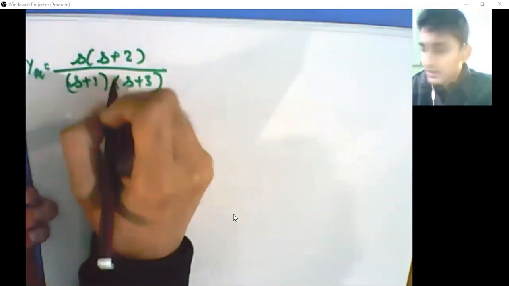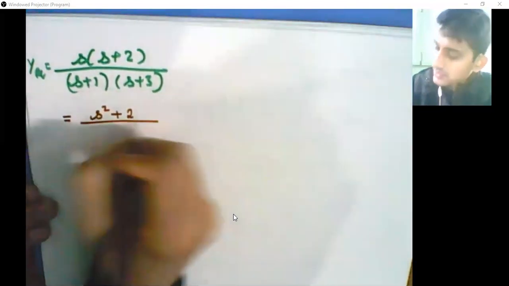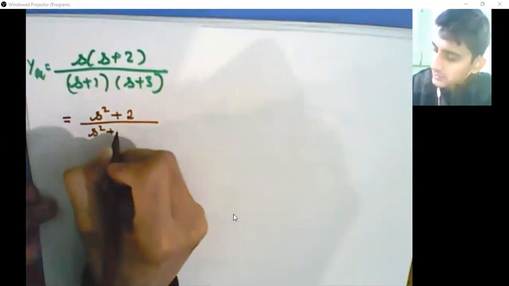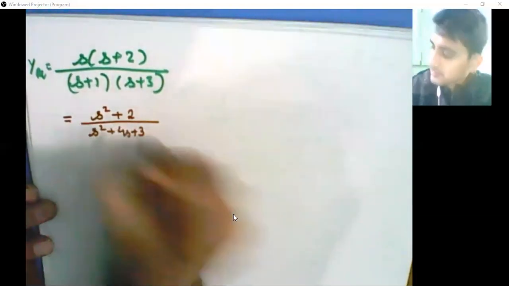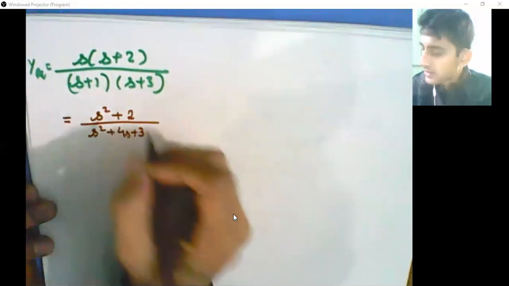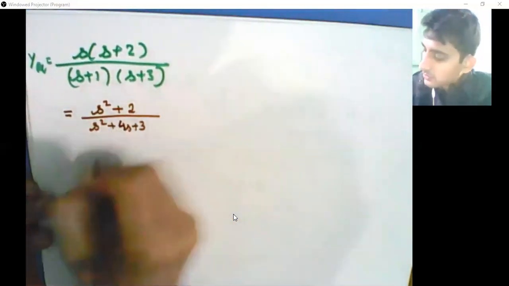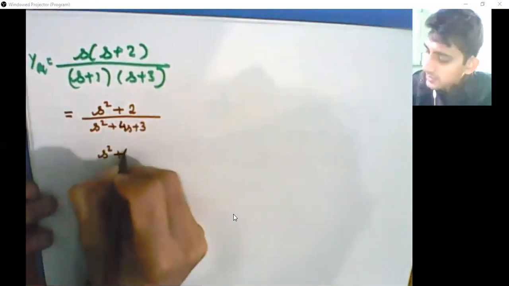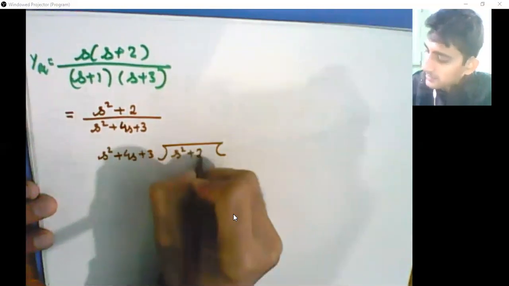You can definitely try that. So it is S square plus 2, and this is S square plus 4S plus 3. Fine. So let us try to divide it, if you will be able to. So this is S square plus 4S plus 3, and this is S square plus 2.